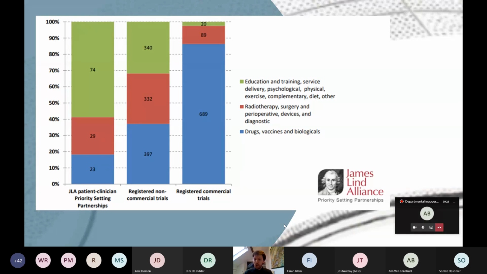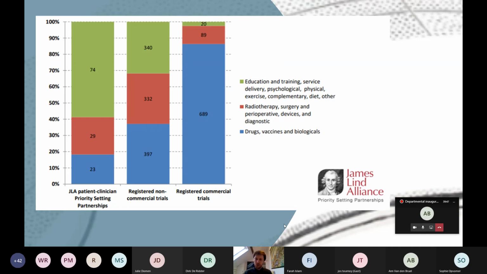And these are done in so-called priority setting partnerships. And what we see, if you look at the types of research being done, and these are categorized in three colors, where the green are the education and training types of research, service delivery, psychosocial research, things on physical exercise, diet, lifestyle interventions. The red ones are a little bit more clinically oriented.